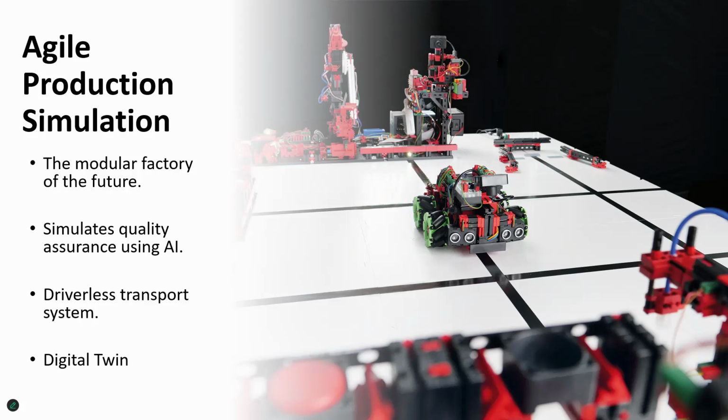Again, it's designed to simulate processes such as quality assurance using artificial intelligence, the functioning of driverless transport systems, and to replicate automated processes on a small scale, from the receipt of goods into the system to modular production to quality assurance.